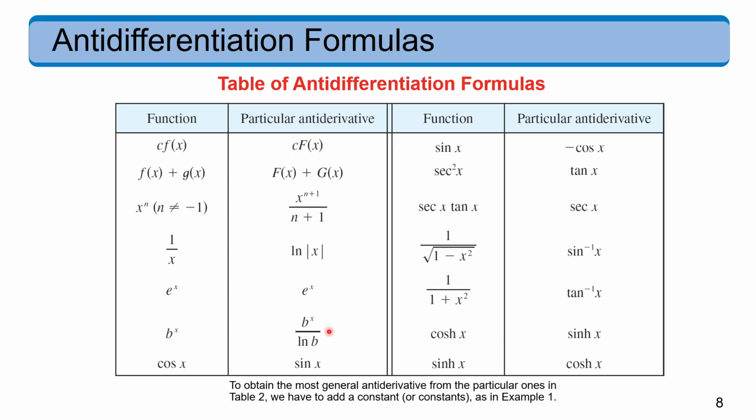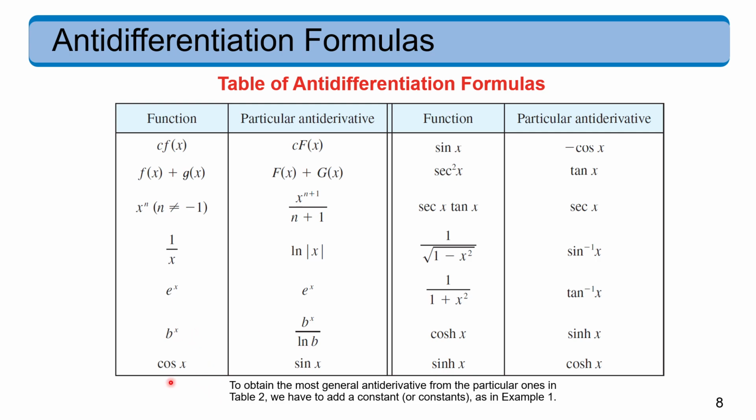So by dividing out that extra factor of natural log b, think about what happens when you take the derivative of this function. Natural log b is just a constant, so we carry that along. And then the derivative in the numerator is b to the x times natural log b. The natural log b's cancel, and we're left with b to the x.